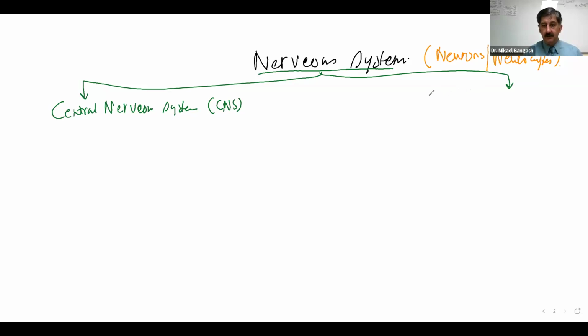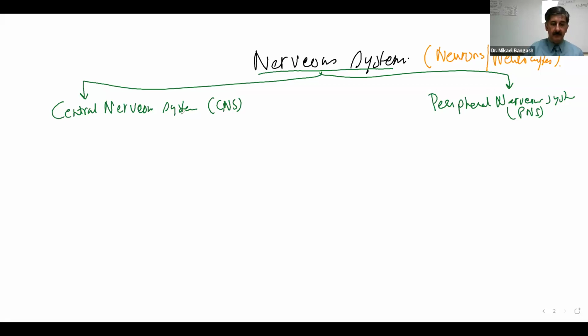And the other is what we call the peripheral nervous system, and this can also be abbreviated as PNS. So the two main divisions of the nervous system are respectively the central nervous system and the peripheral nervous system. Did you guys get that? Okay.